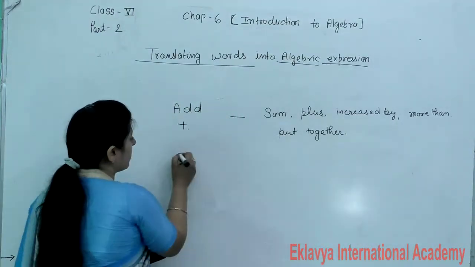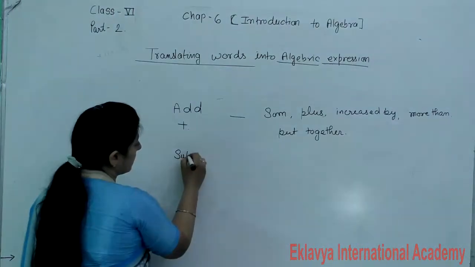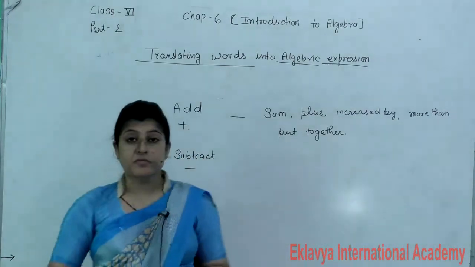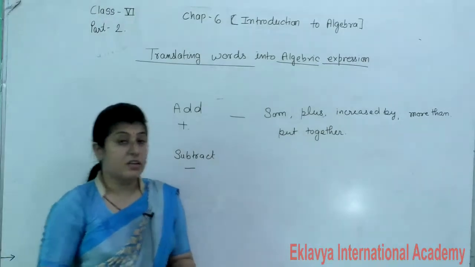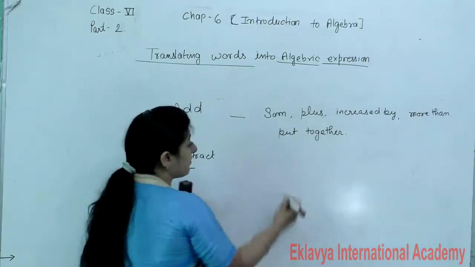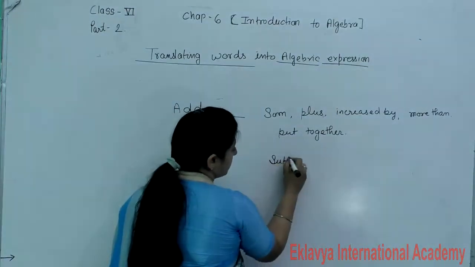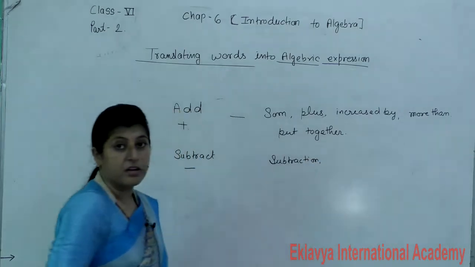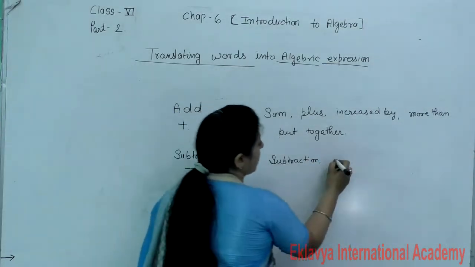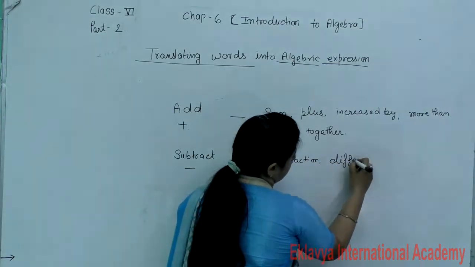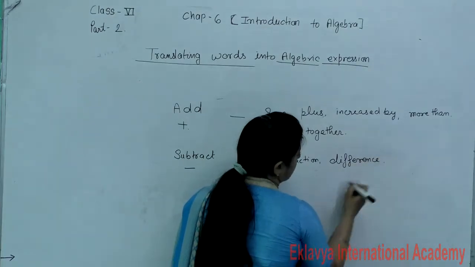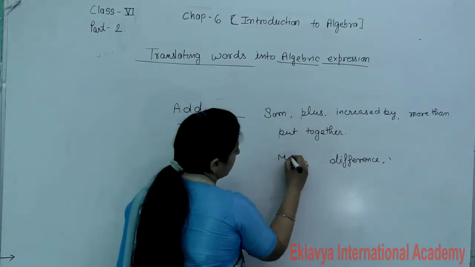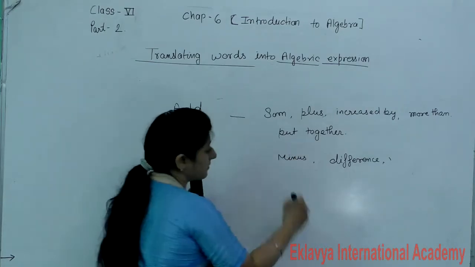Similarly, when we use the negative sign: when there is a subtraction word directly, or when there is difference. In place of subtraction, when it is given to you, we write minus.